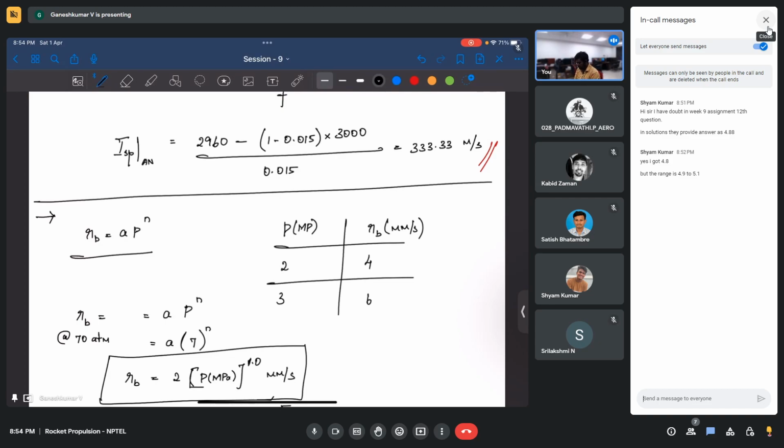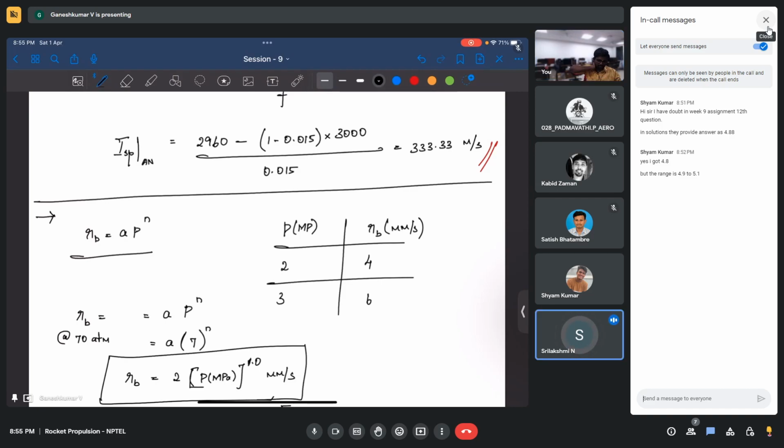T by TCH is going to be V by gamma square C star, right? So you are getting from square root of RT. I believe it should be theoretical C star.